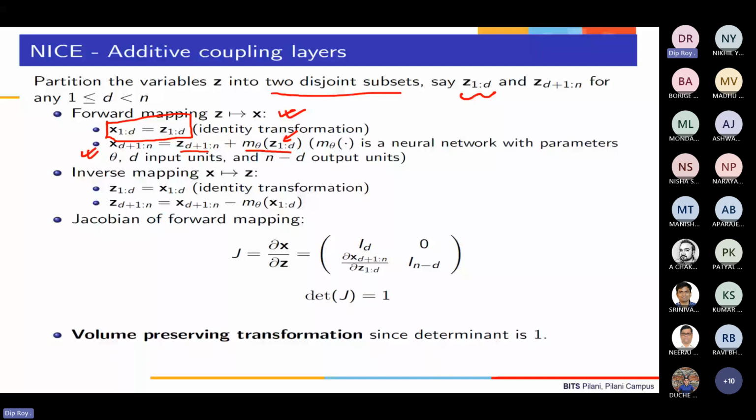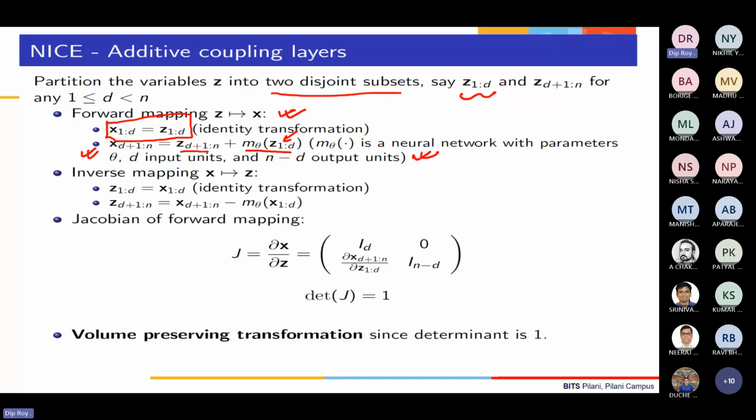We took the next d+1 to n z's and shifted them by the output of a neural network, which takes the initial z's as the input.